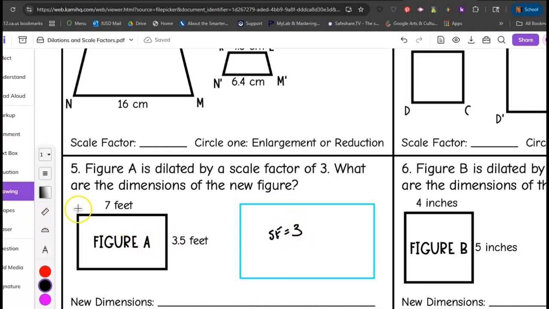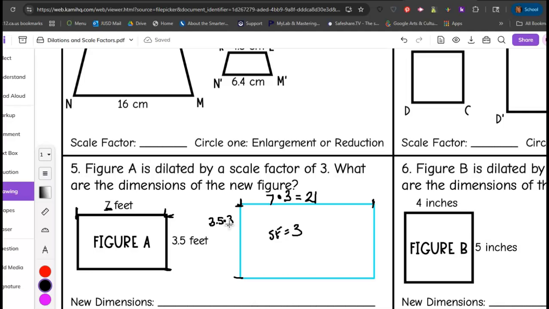So I know that this long side of my rectangle, it's the longest side, so it's going to be over here. So I'm going to go 7. Figure A side is 7. And then I'm going to times it by my scale factor of 3. 7 times 3 is 21. I'm then going to do the same thing for this side. So my shorter side is 3.5. So I'm going to go 3.5 times 3.